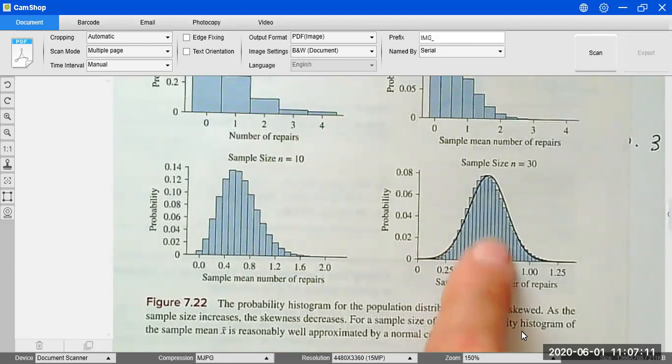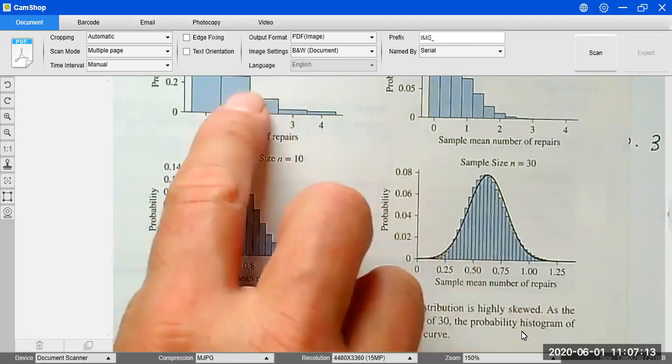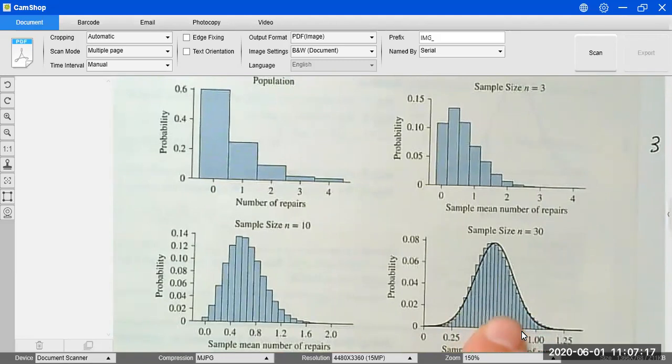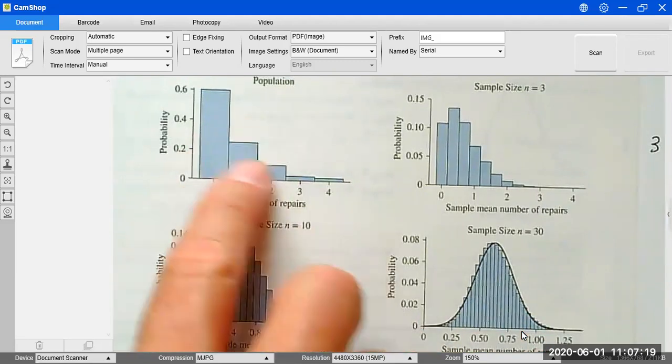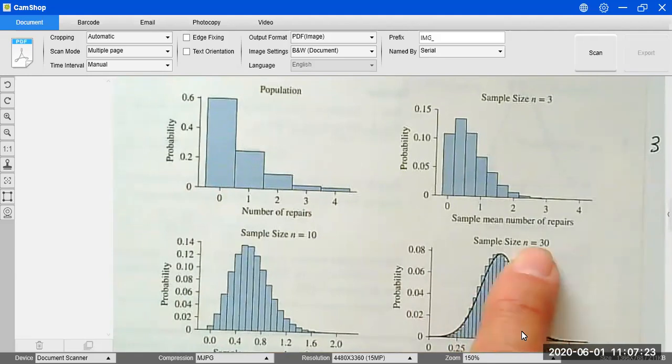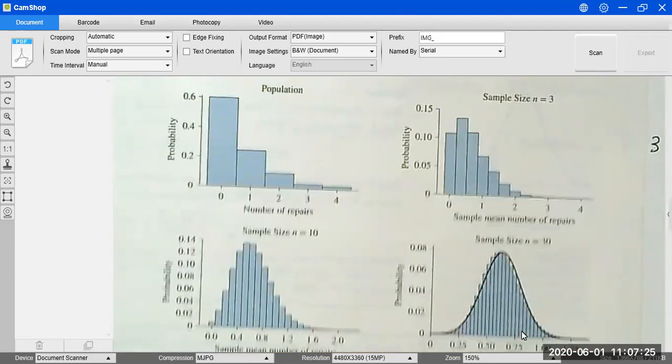The mean is the same, and the standard deviation is the original standard deviation divided by the square root of the sample size. That is the important thing.